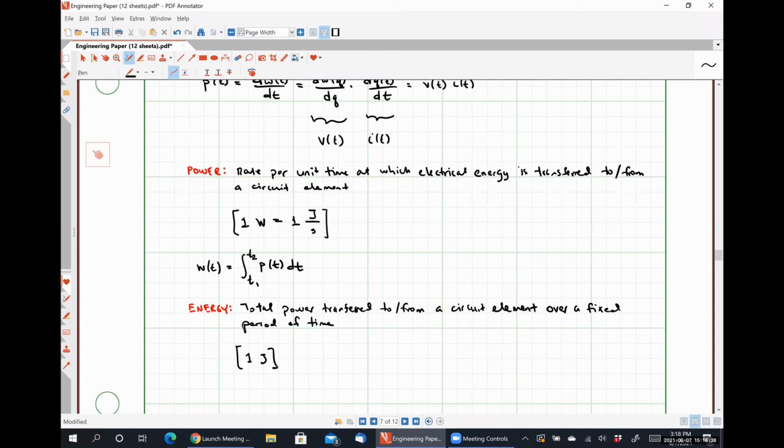Okay, so that is our mathematical and word-based definitions for power and energy.